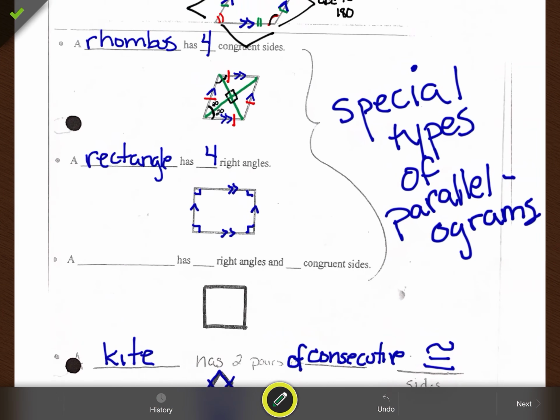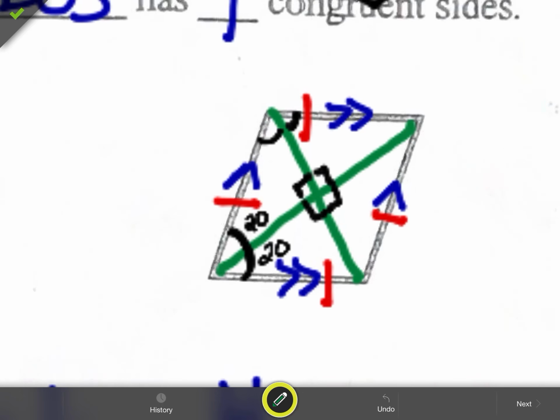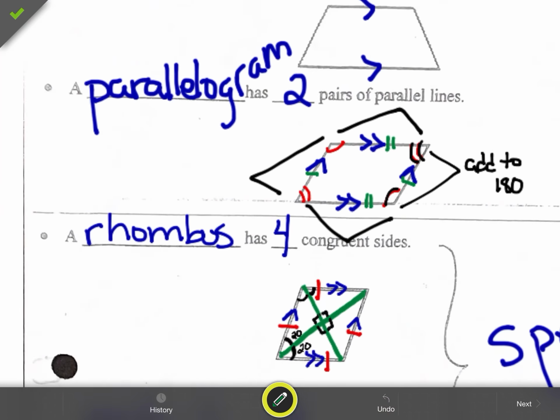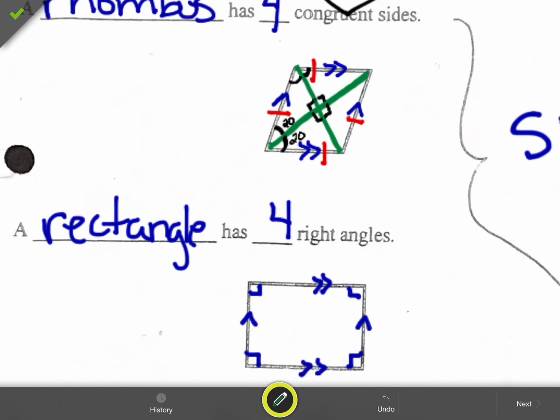If you look at your rhombus, you should be able to see that this diagonal right here is a little bit longer than this diagonal because of the lean. The same thing if you were to draw your diagonals in your parallelogram. You would see one is longer than the other.